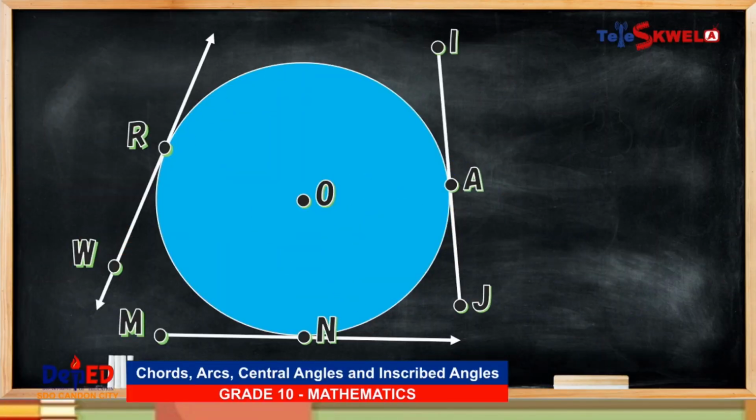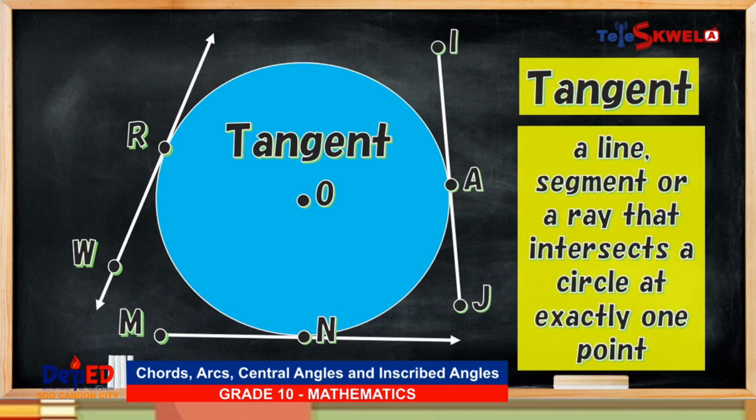What is common to line WR, segment IJ, and ray MN in relation to circle O? Correct! They all pass through circle O at exactly 1 point. And these are called tangents. A tangent is a line, a segment or a ray that intersects a circle at exactly 1 point. And the point of intersection is called the point of tangency.